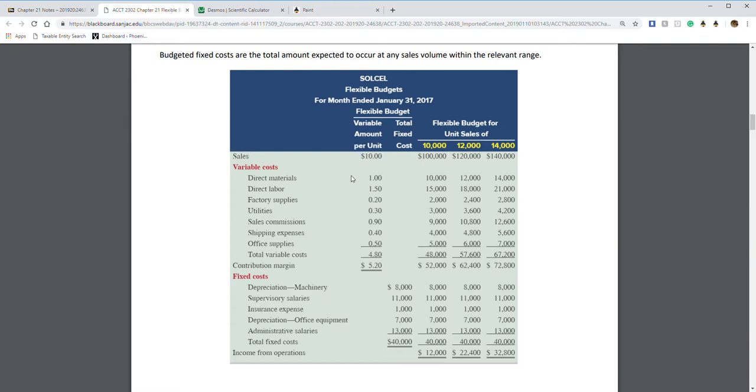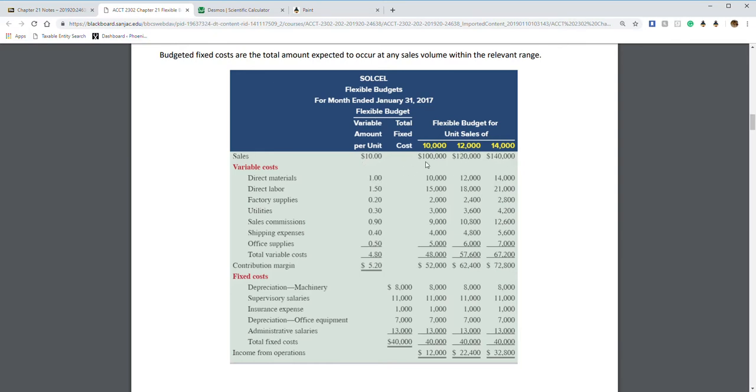We will know the variable amounts by using prior material in our chapters, or these numbers will be given to us for this course. But we find these out on a per unit basis. How much would it affect per unit? Now, of course, sales is $10 per unit, so 10,000 times 10 equals 100,000, 12,000 times 10, and so on.